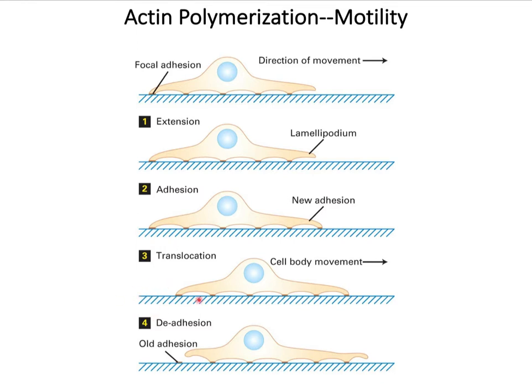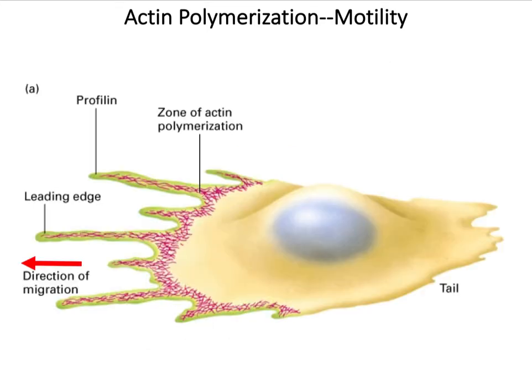So the polymerization of actin and this actin treadmilling is really important in the first step, the extension of the membrane. So here is another way to look at it. Here is another motile cell. I know it looks like a fried egg. Anyway, in this case, it is moving in a direction from the right towards the left, like the arrow. You can see the zone of actin polymerization shown here by all of these pink fibers.